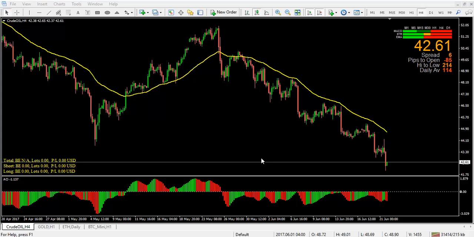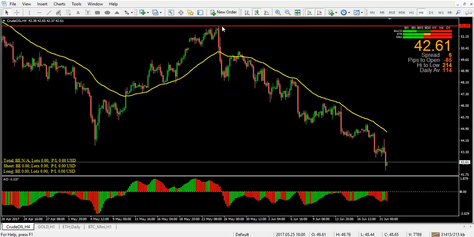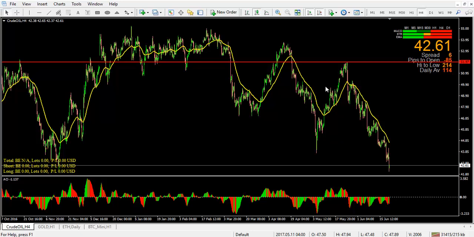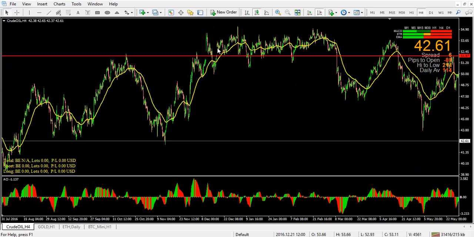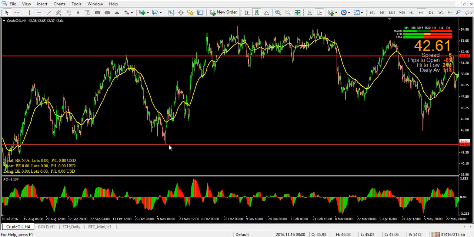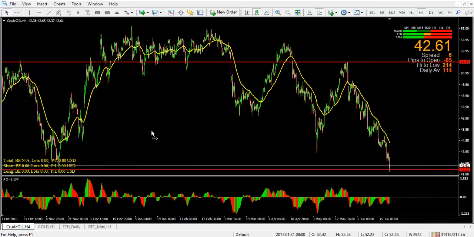Let us see how we can really profit from the American crude oil. Now we have a resistance, a very nice, decent resistance at 51.97. And if we zoom out, let me disable the auto scroll for you. The next close support where we are expecting the buyers to jump in and buy heavy is 42.21.